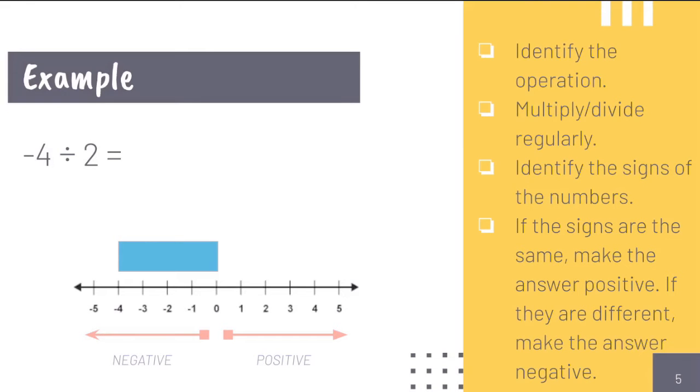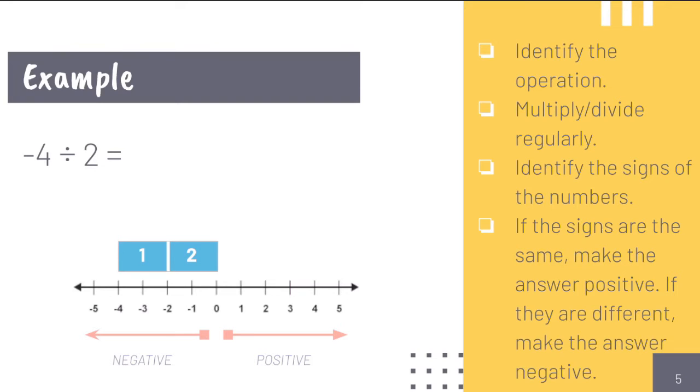Now negative 4 divided by 2. Let's identify the operation, which is division, and divide regularly. So I have a number line here to make it visually more helpful. If you have a box from the 0 mark to the negative 4 mark, and we want to divide it into 2 smaller boxes, we would draw a line down the middle, and we are then left with 2 boxes.